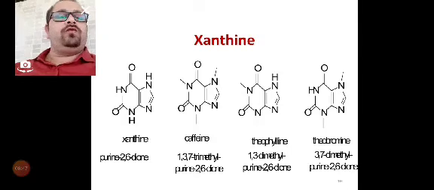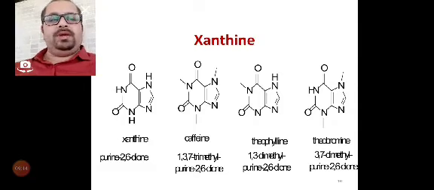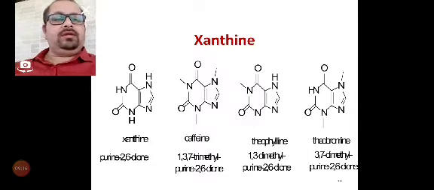Theophylline is a 1,3-dimethyl xanthine, and theobromine is a 3,7-dimethyl xanthine. Xanthine is nothing but a purine 2,6-dione. That's why, rather than saying purine 2,6-dione, I am using the word xanthine. So I repeat, caffeine is a 1,3,7 trimethyl xanthine, theophylline is a 1,3-dimethyl xanthine, theobromine is a 3,7-dimethyl xanthine.